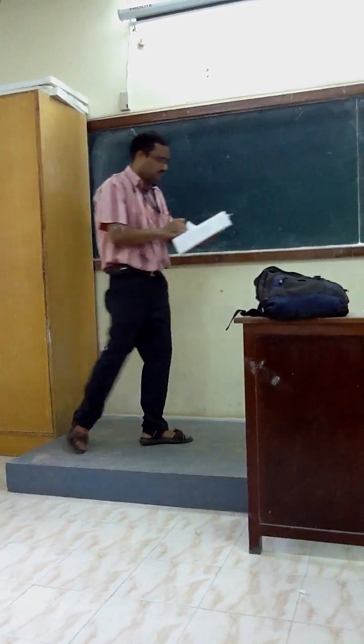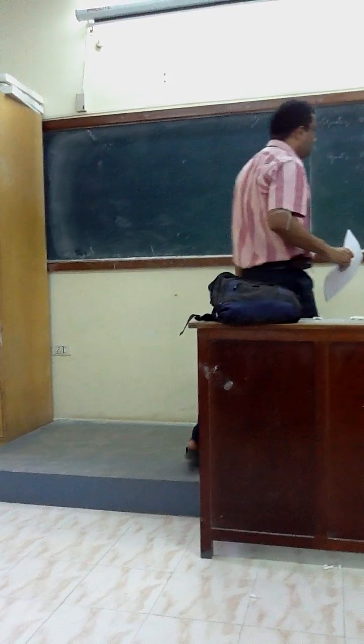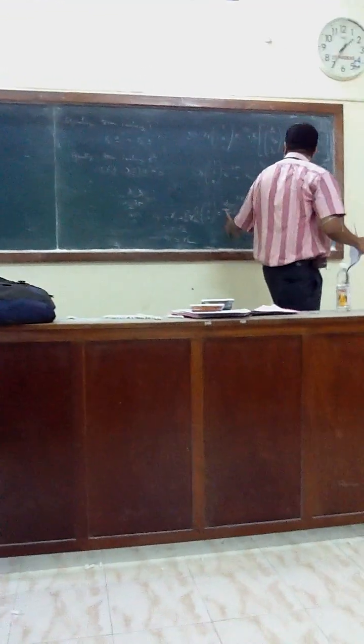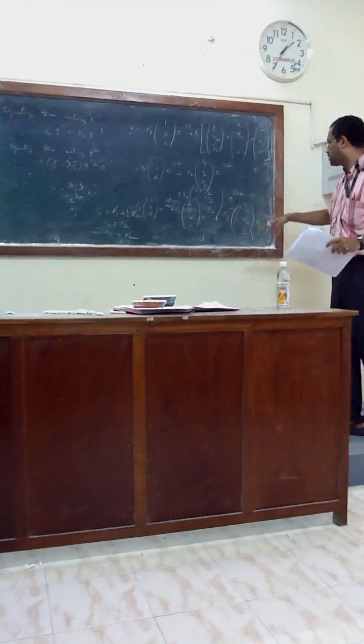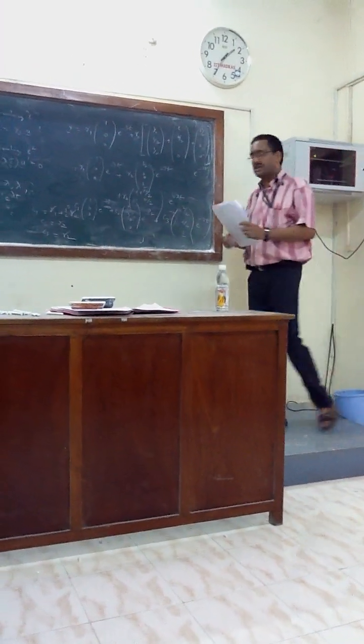What's the final form? Final form is 1 0 0, t half 0 and t square by 2, t by 2, 1 by 2. That's the final matrix.